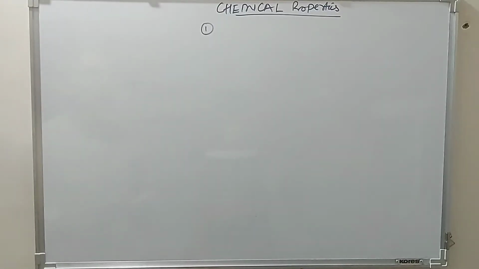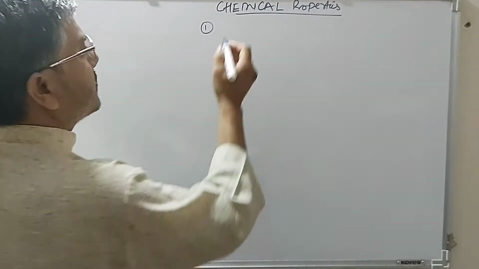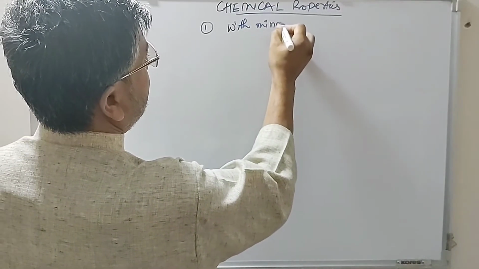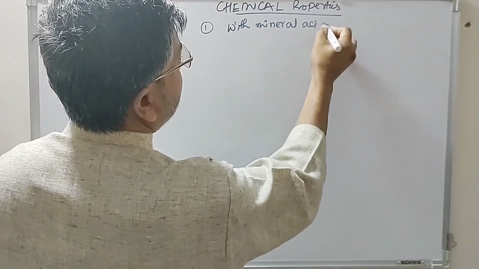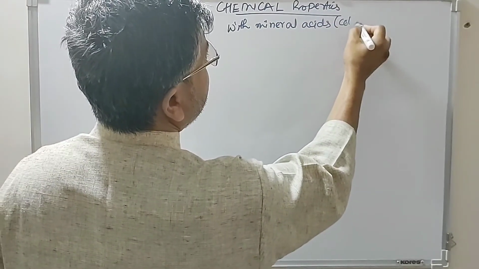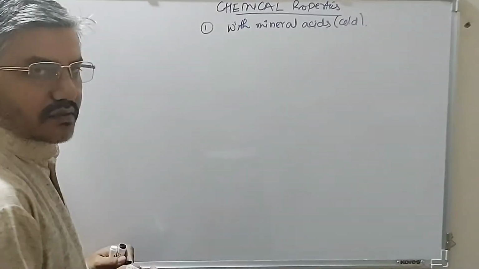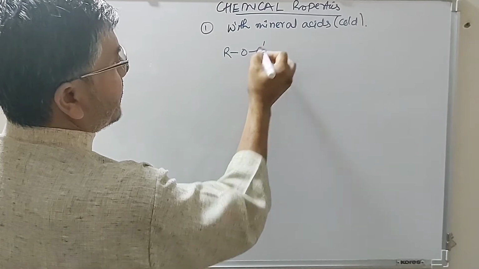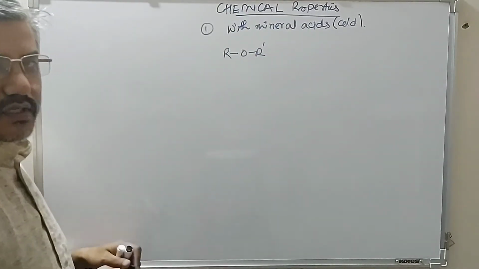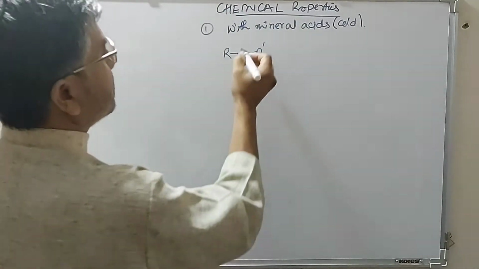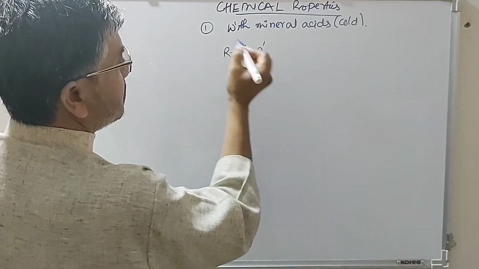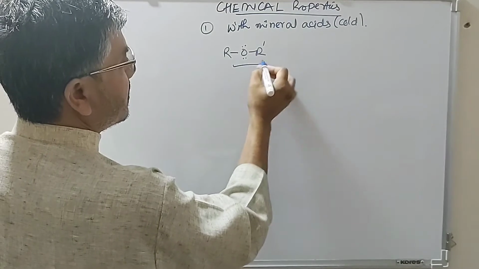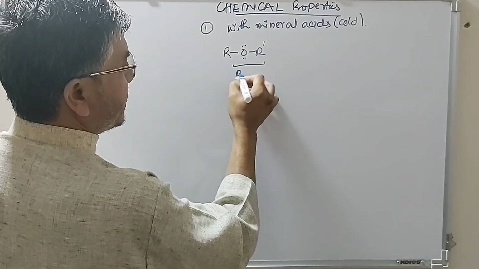Now coming to chemical properties of ethers, first is reaction with mineral acids under cold condition. We have this ROR prime, which may be a symmetrical ether or an unsymmetrical ether. Oxygen of ether contains two lone pairs of electrons, so this can act as a basic site.